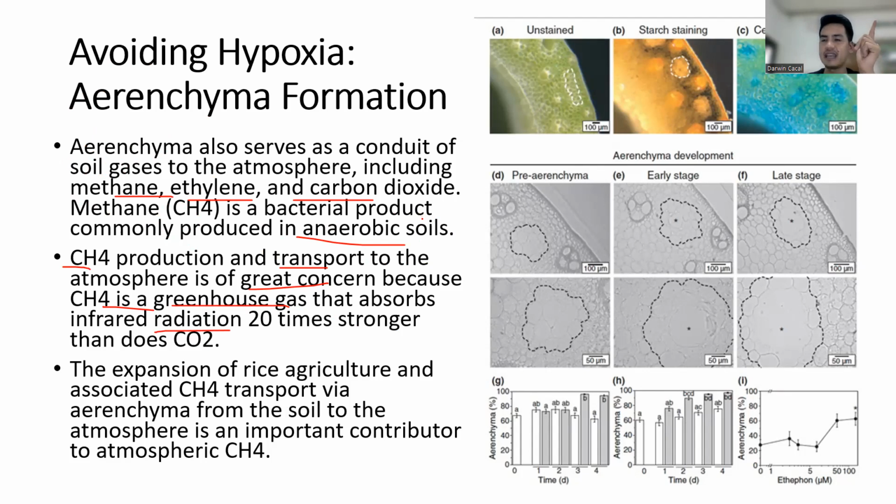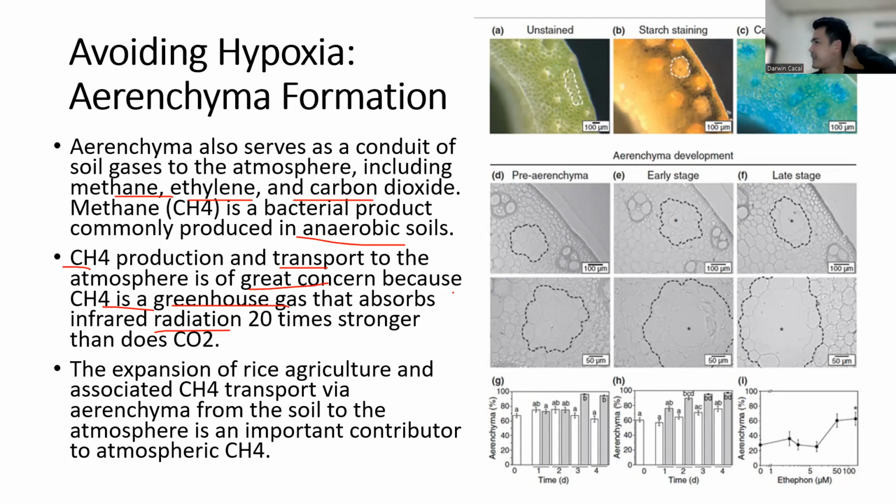Ang methane kasi is kapag produce yan ng crop natin, isa siya sa nagiging problem doon sa greenhouse gas natin. Kaya nga, kapag ang rice ay fully submerged sa tubig, mas mataas ang production niya ng methane. Bakit? Kasi nga, nasa condition siya ng anaerobic. Okay?